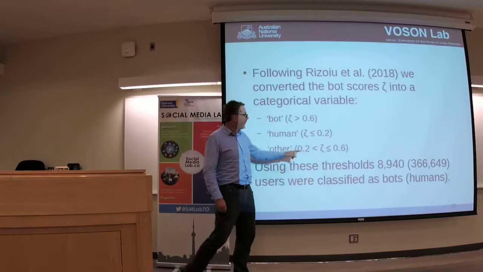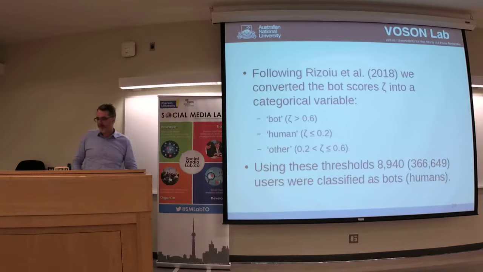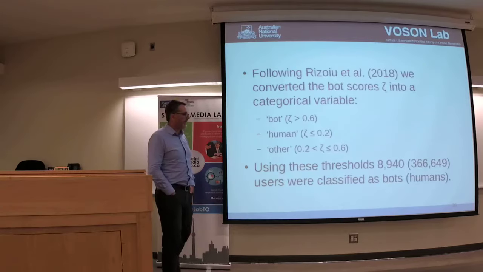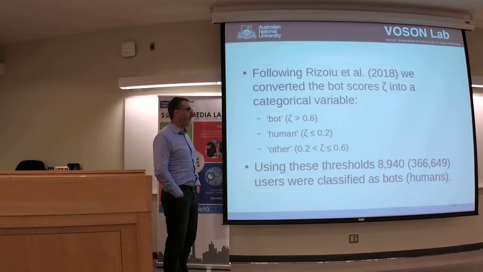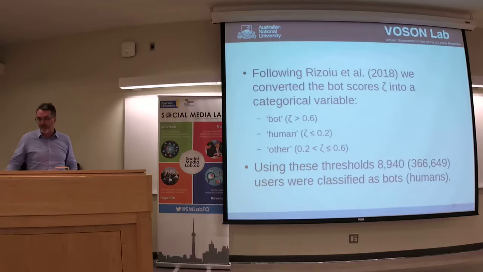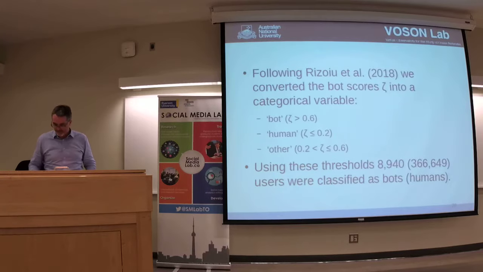And if it's somewhere in between, they're classified as other. Using these thresholds, we found that nearly 9,000 accounts were classified as bots. So not a huge number. In numerical terms it's quite large, but as a proportion of the 1.4 million active user accounts, it's not huge.